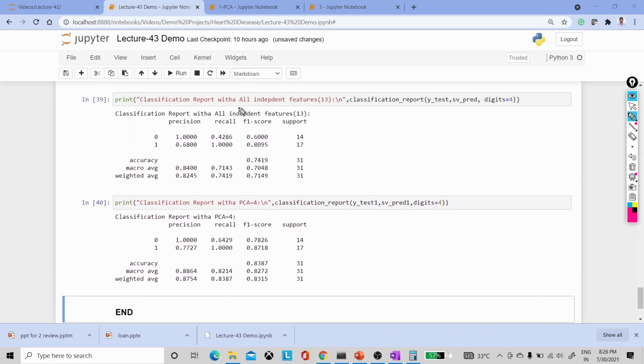When you apply all independent variables, meaning 13 features, you get the accuracy 74.13. When you apply PCA, you get 83.87. This means here 74%, here 83%. Depending on the algorithm, sometimes it may increase, sometimes it may decrease.